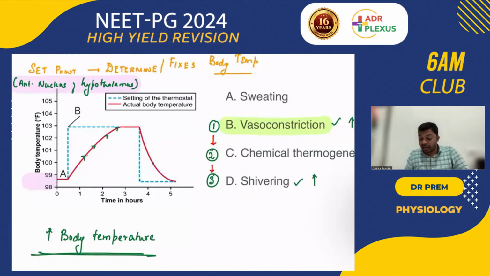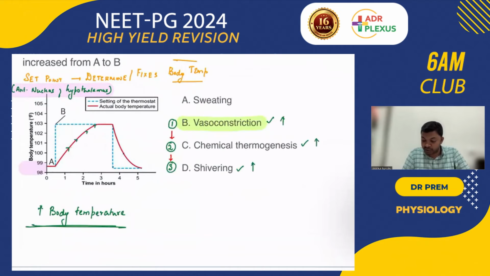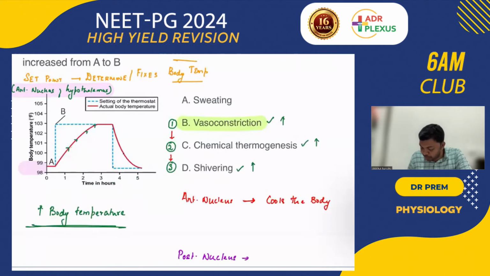Usually, guys, anterior nucleus of hypothalamus has a mechanism of action like this. Anterior nucleus tries to cool the body. And we have another nucleus called the posterior nucleus of hypothalamus, which will be involved in warming the body.